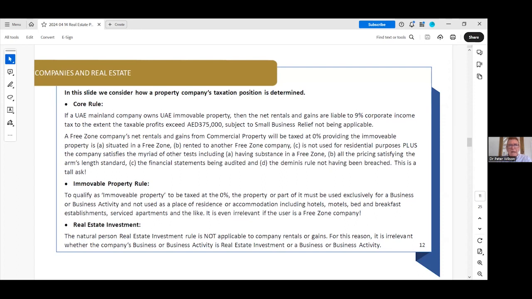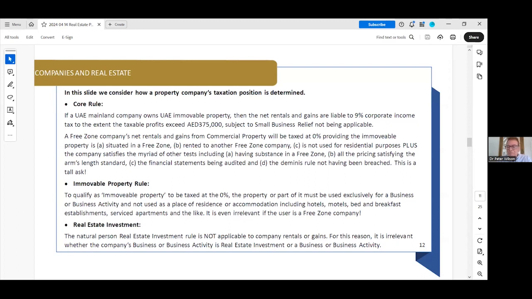So that sounds fine. But firstly, we need to drill down into what is meant by real estate investment activity. And we also need to drill down into what is meant by a business or a business activity that requires a license.